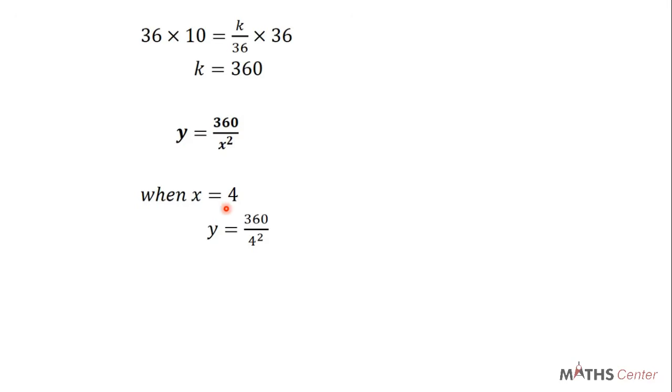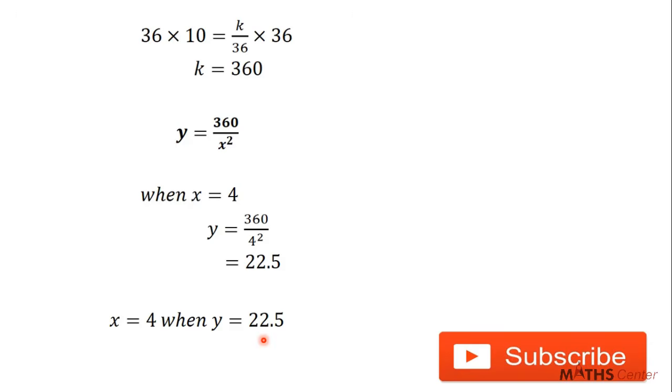So when x is equal to 4, then y is equal to 360 divided by 4 squared, since x is now 4. And this will give us 22.5. So we can say that when x is equal to 4, y is equal to 22.5.